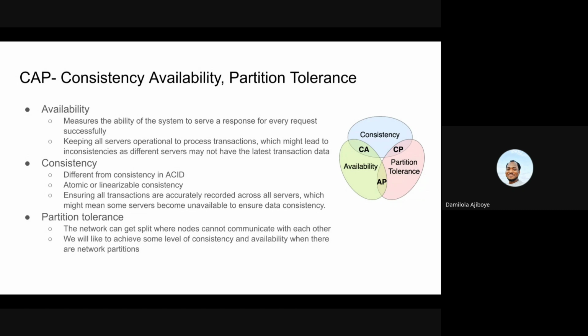But in CAP, we're looking at it from the perspective of having redundancy and replicas, and we're looking at it in terms of linearizable consistency, which we will look into later. Then partition tolerance. We're talking about nodes in a distributed network.